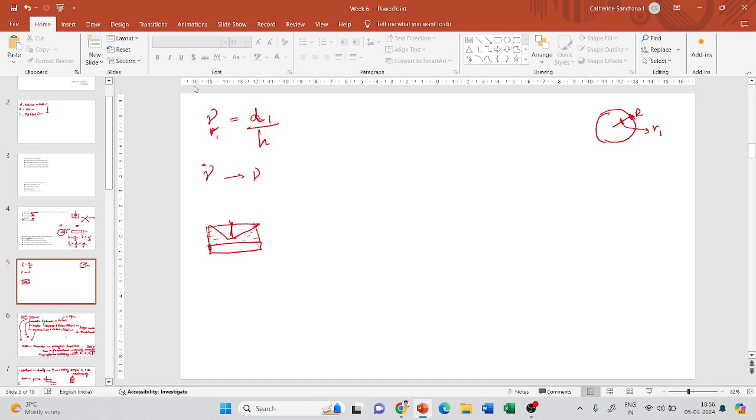Because at radius r, it has a deflection of d and a height of h. At radius r1, it has a deflection of d1 and a height of h1. So the strain keeps varying with radius.